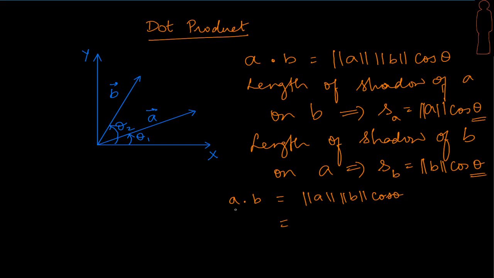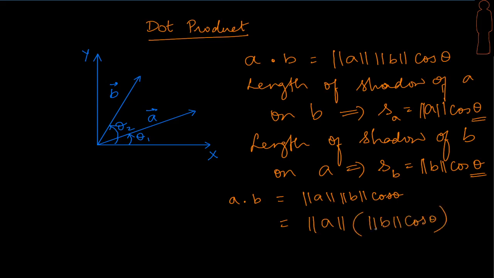Initially we did this with the unit vector, brought this magnitude of B here, initially taking the shadow length of A to be magnitude of A times cos theta. Whereas here, now what I am going to do is say that this is magnitude of A times magnitude of B cos theta.